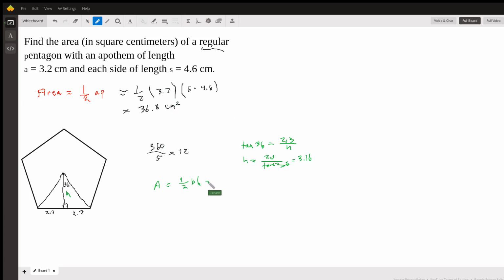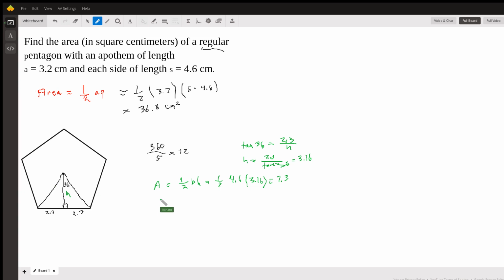And now for the area of the triangle, it's going to be 1/2. The base here would be 4.6, because now we're going after the full triangle here. 4.6 times the height, which was 3.16. And so, again, more calculator work, so 0.5 times 4.6 times 3.16 gives me roughly 7.3.